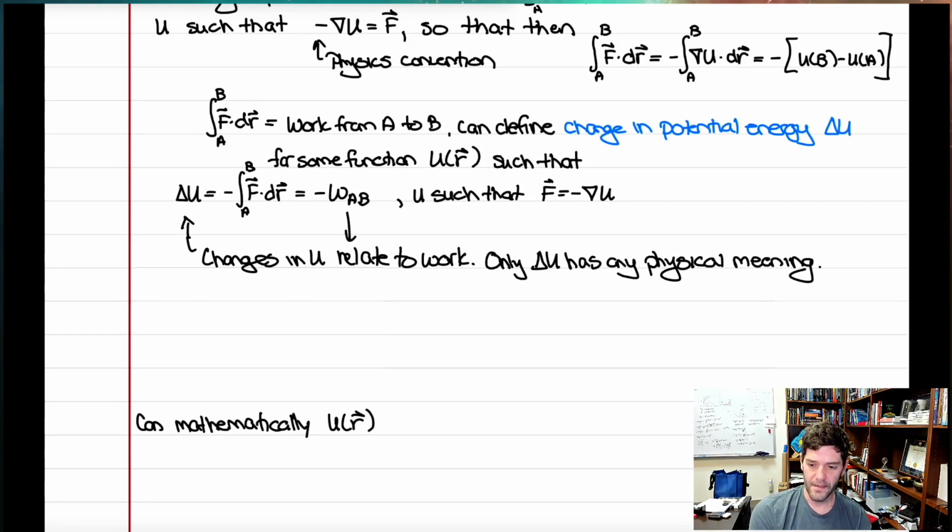It means nothing if you tell me the potential energy of this ball is 5 joules. That means nothing to me unless you give me some more information.